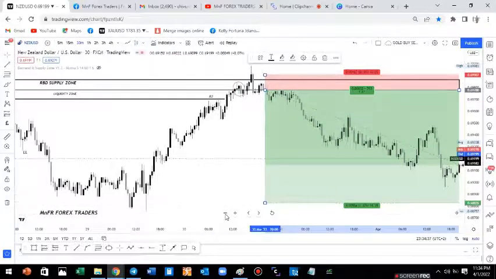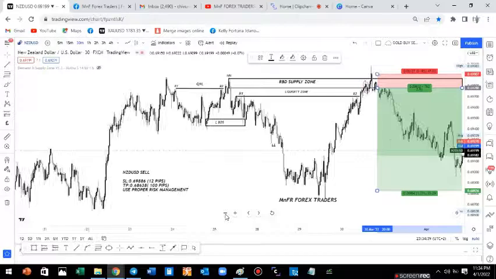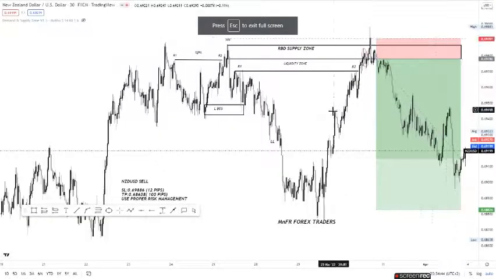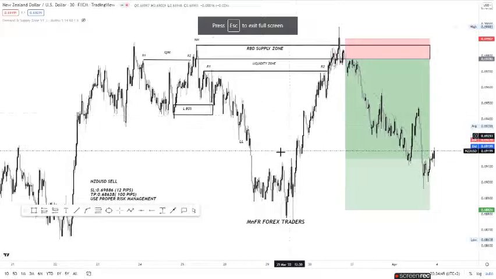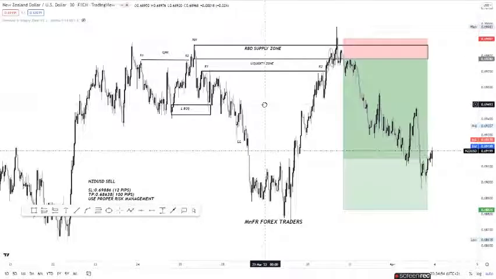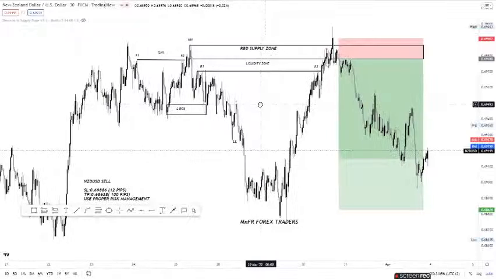So you guys remember that I always tell you to always ensure that your higher high here is not acting as resistance in the past. If it acts as a resistance, then there's a higher chance of it being taken out and being used as liquidity, for price to then go down.